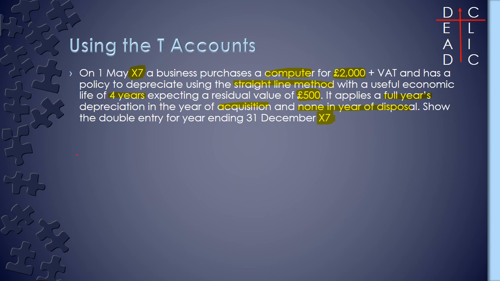So we know the 2 accounts from the slide that we were just on. So we're going to have our depreciation account, and we're going to have our accumulated depreciation.